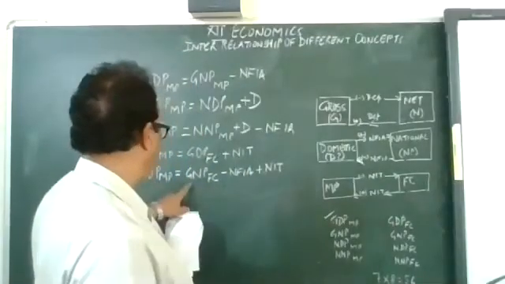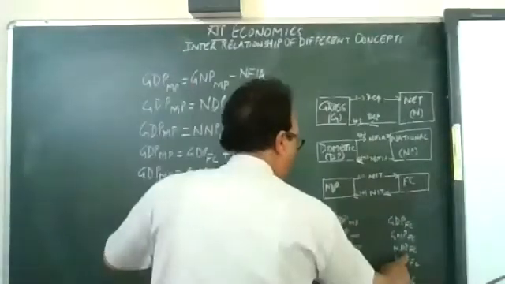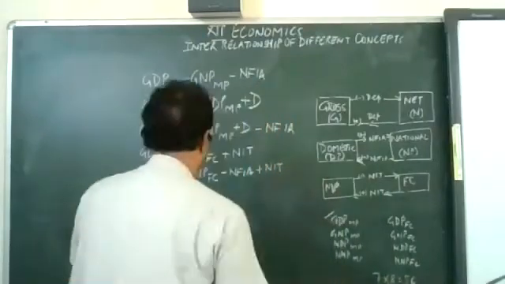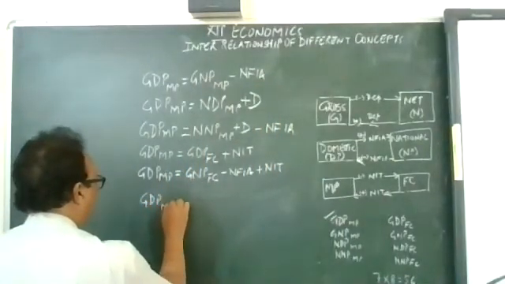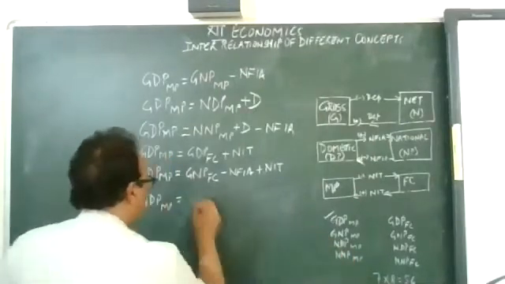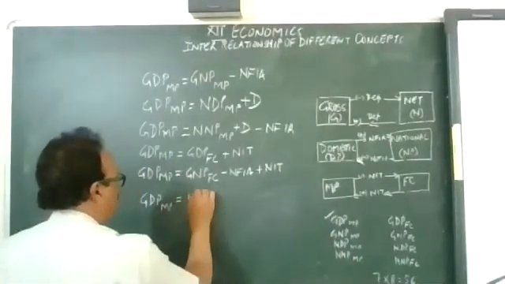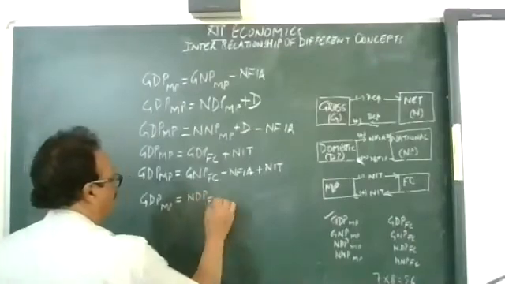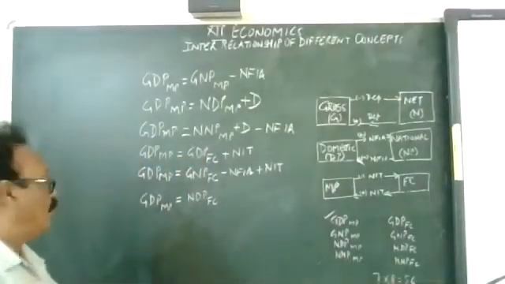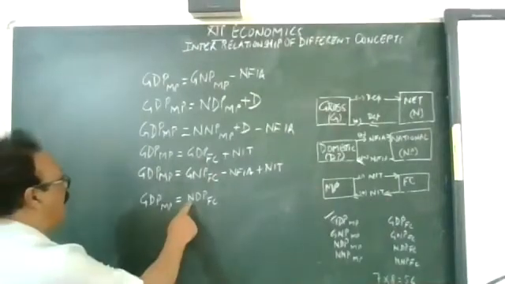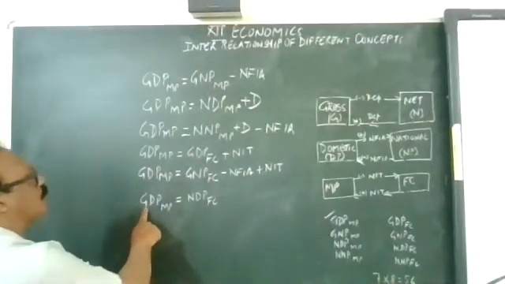Now we have calculated GDP at market price from GNP at factor cost. Now we will calculate it from NDP at factor cost, the third value here. Let's go over it.